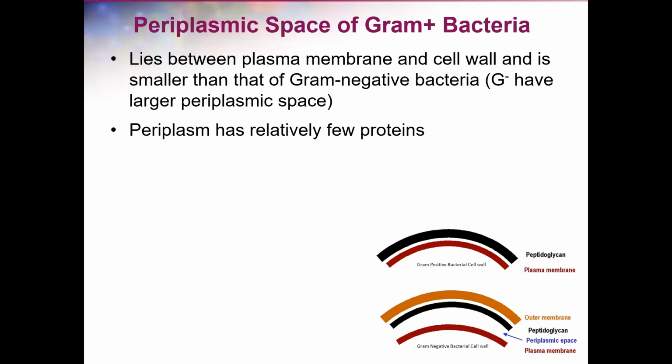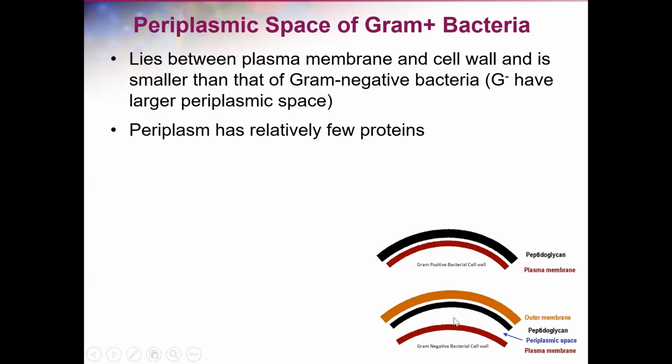This is a comparison between Gram-positive and Gram-negative. You can see Gram-negative has the so-called periplasmic space, the space between the plasma membrane, or cell membrane, and the cell wall or peptidoglycan layer.